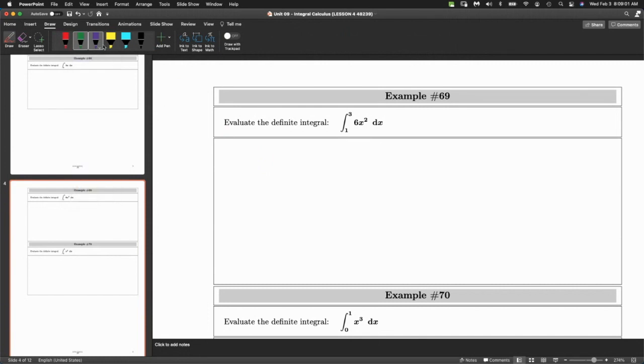Let's get this thing rolling here. So how do you do this? Well, it's actually very straightforward. The first thing you need to do is get the antiderivative of that. So in this lesson, I'm not going to spend too much time on finding antiderivatives. I'm just going to give you the antiderivative, but I will do the early ones a little bit extra because maybe you're rusty at 8 o'clock in the morning.